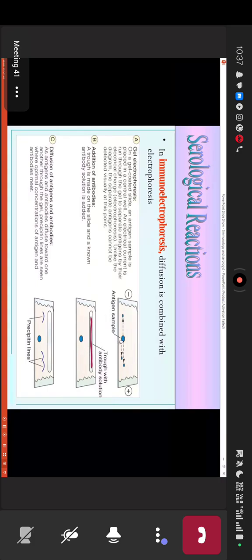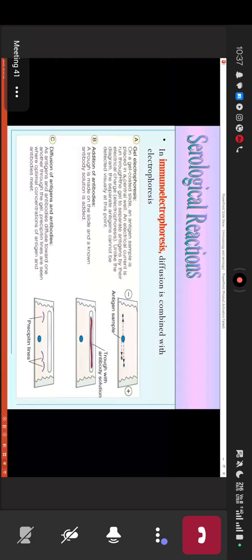So this is your antigen and this is your antibody. Antigen is introduced in this and antibodies are also introduced in this. Antigen and antibody start moving towards each other. After that, where the zone of equivalence is met, the precipitation lines will be visible, right? So the precipitation line will be visible at the zone of equivalence. We will discuss it in a detailed version.